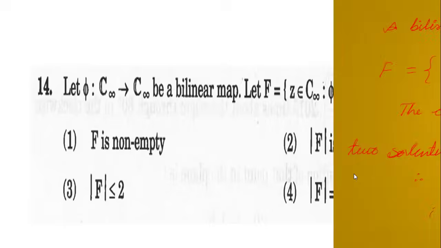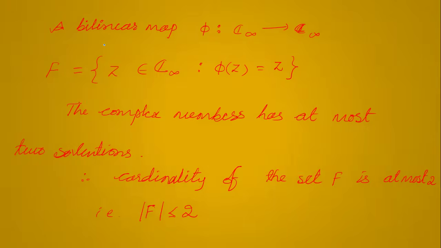Now see, bilinear map phi from C infinity to C infinity. They gave a set F equal to the set of all z belongs to the complex plane C infinity such that phi of z is equal to z.